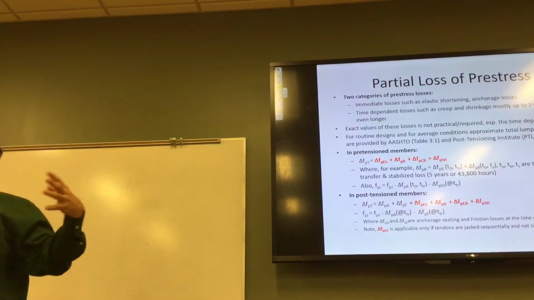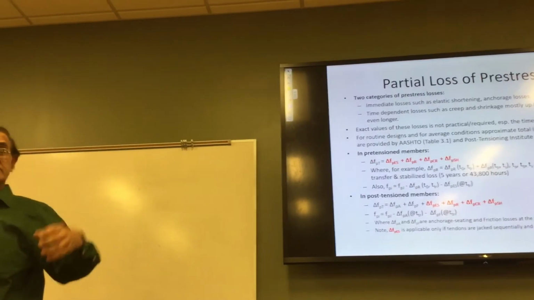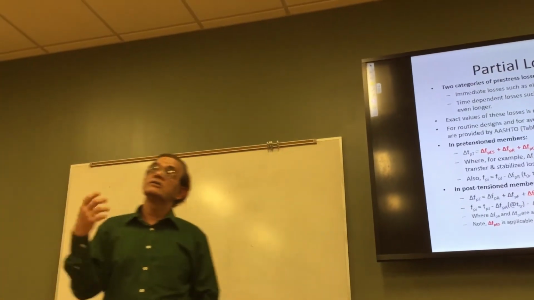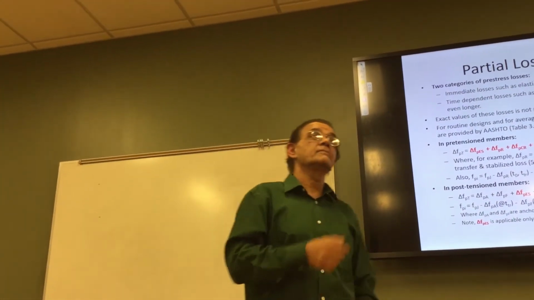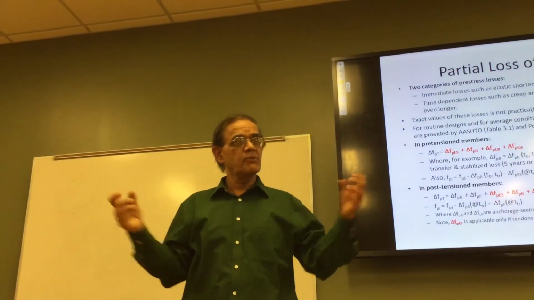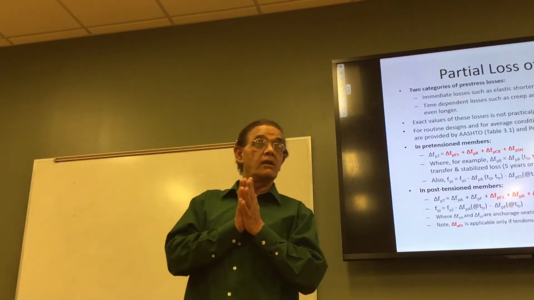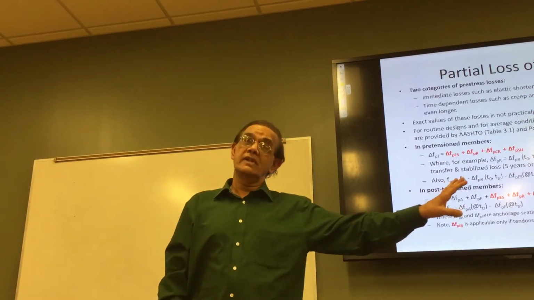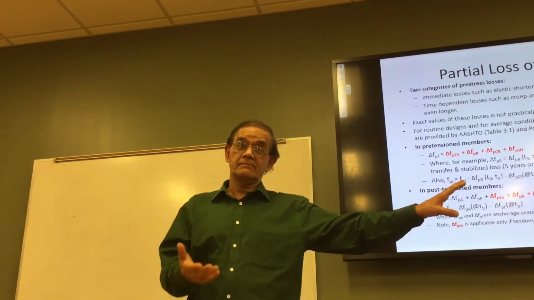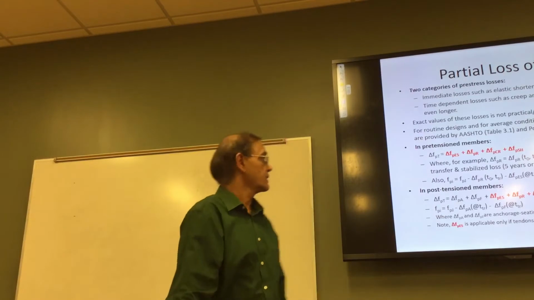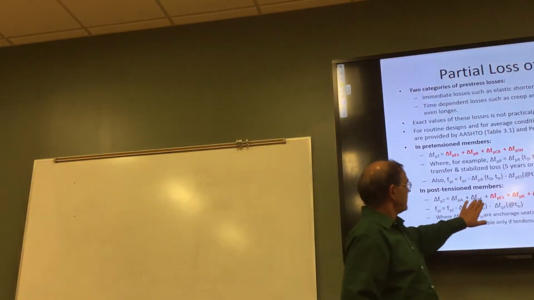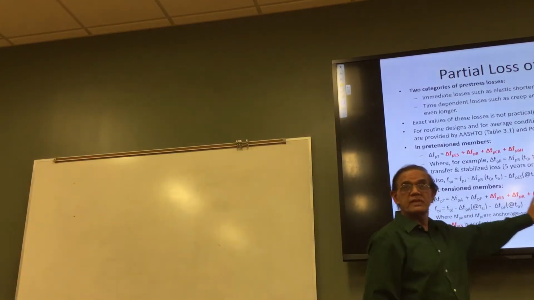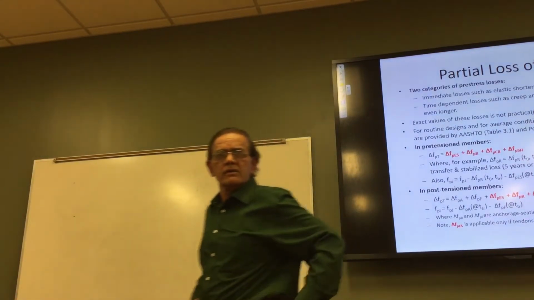Depending on whether you have two jacks, you're pulling like this, or simply like this, your losses will be more and more, right? So in case of both sides pulling, the worst case is right in the middle. When you are pulling on one side, the most loss is on the opposite end, right? Make sense? Okay. So that's the friction loss.